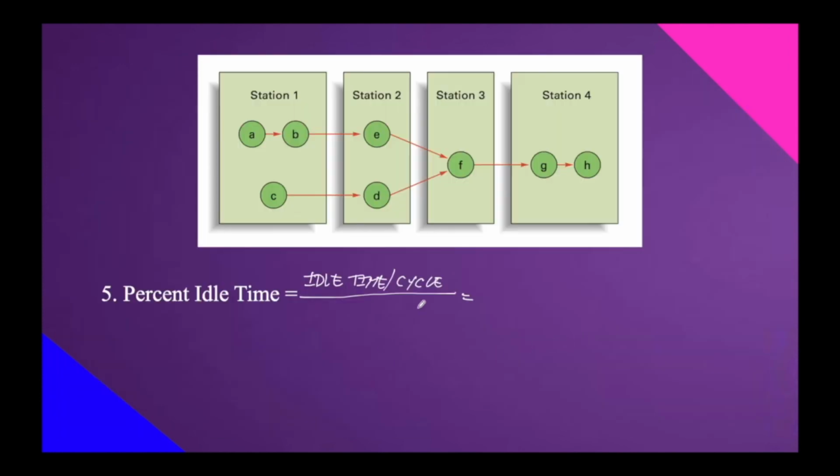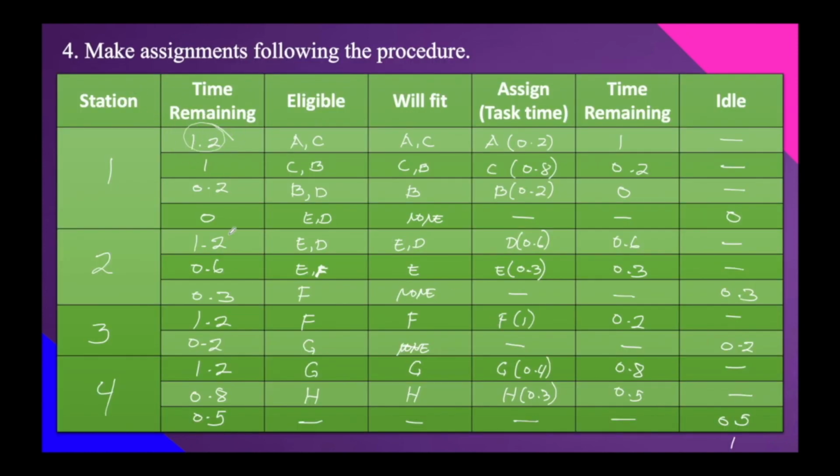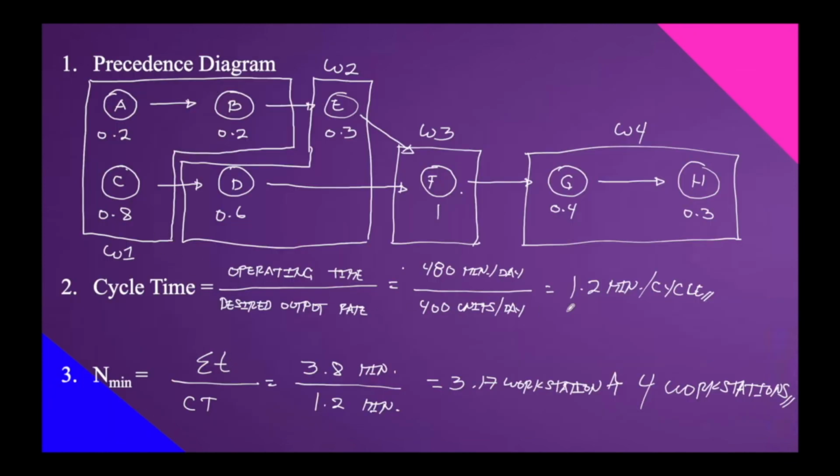Okay, so we have here 1 over the n sub actual, or the number of workstations multiplied to our cycle time. We have 4 workstations, so over 4 times our cycle time is 1.2, right? Ito, no, 1.2 tayo nagsisimula eh. And this is actually has a basis naman, ito po siya.